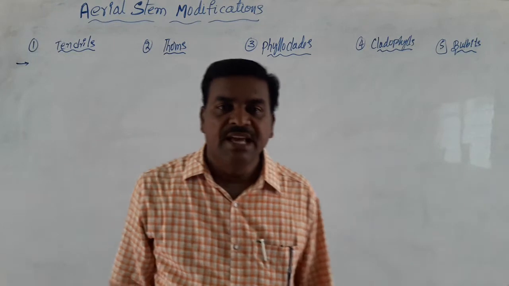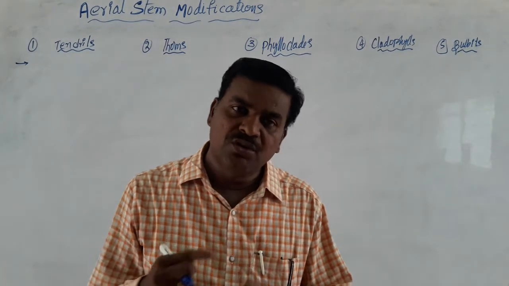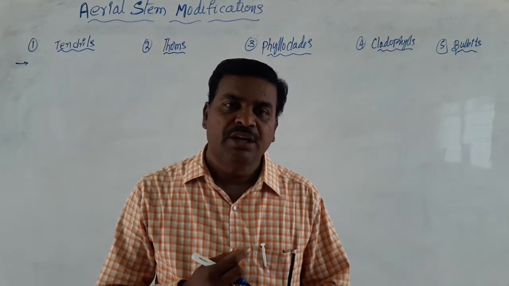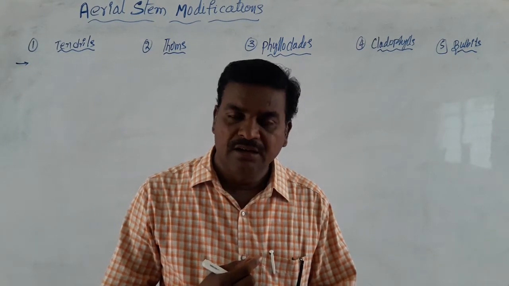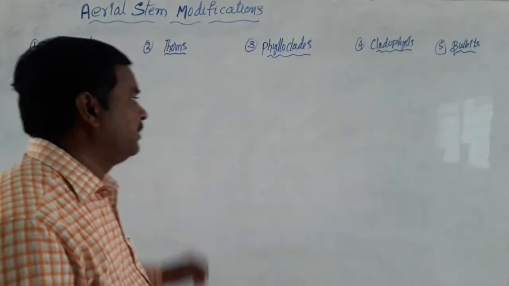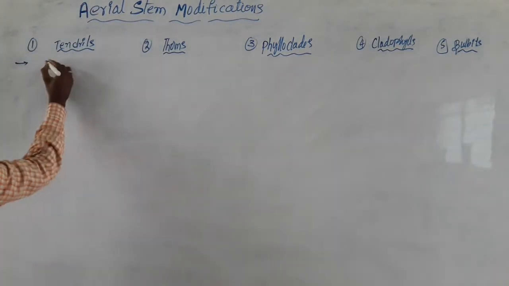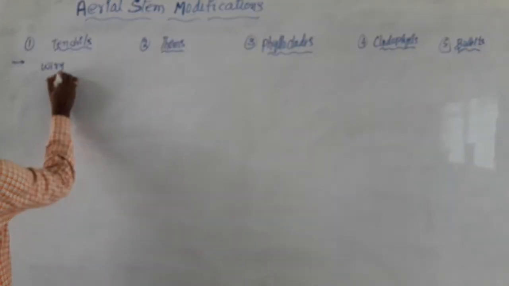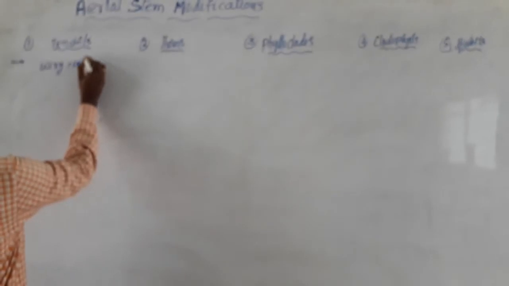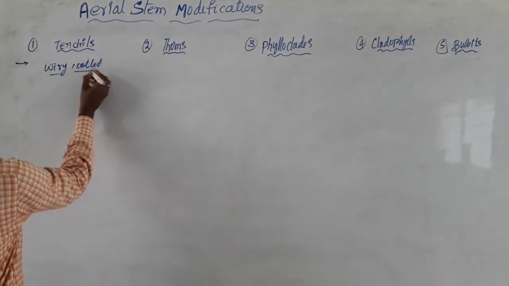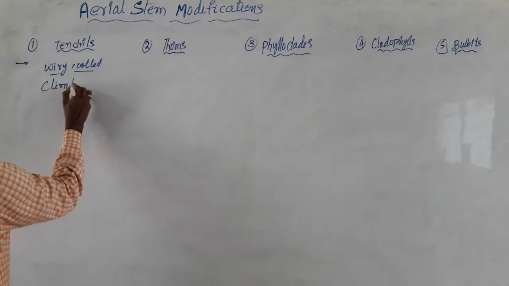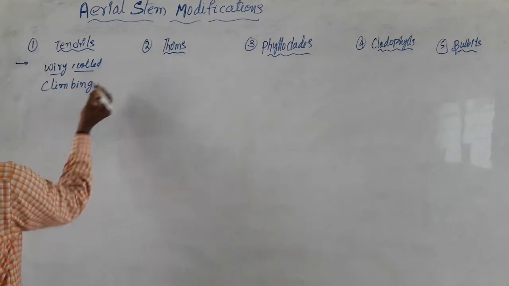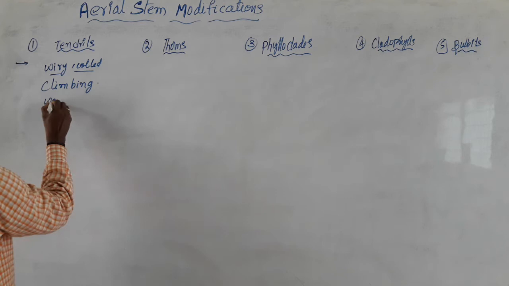When these tendrils are in contact with any support, they twine around the support and help in climbing. So these are wiry and coiled sensitive delicate organs that help in climbing, especially in weak stemmed plants.